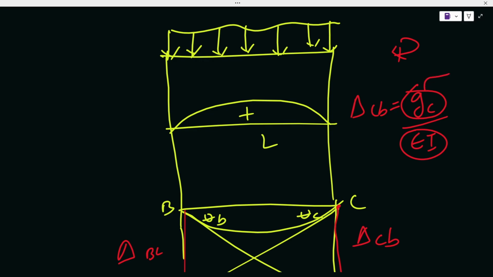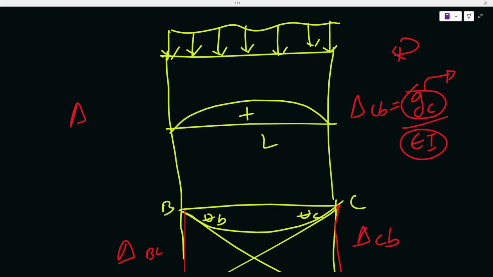Doing it this way makes it general, because the loading can be of any form. And if I just put GC, when I've defined GC as the moment of area about C, it means that if you have any load, all you have to do is find the moment of area about C to get GC.